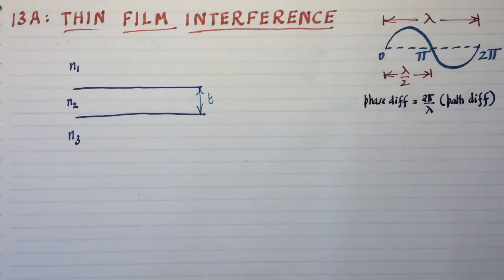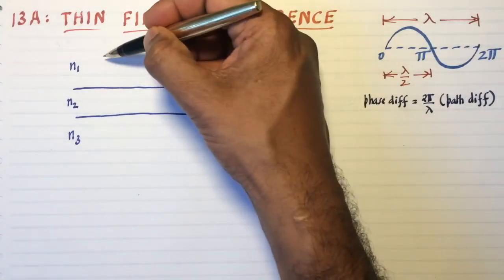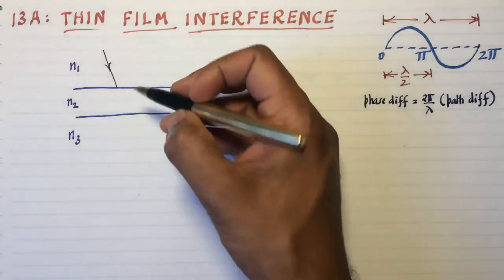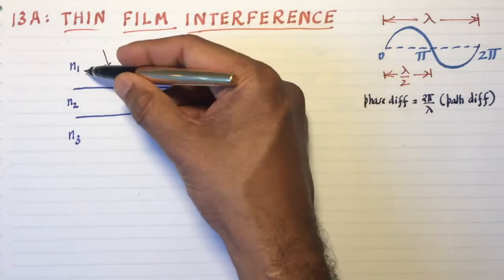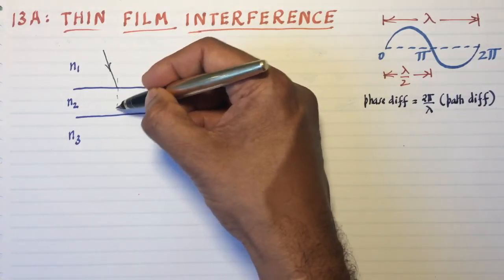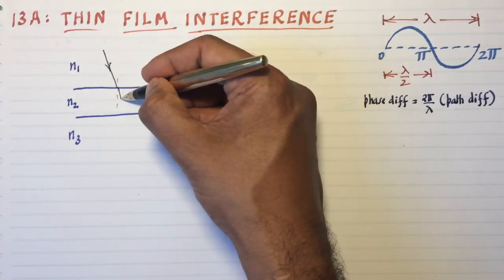So one way to study that is to find out what happens to a light ray that enters this system. So let's say the light ray enters from here. Now by Snell's law, it's going to be refracted. Let's assume that the medium N2 is bigger than N1 in refractive index, so it'll be bent toward the normal.